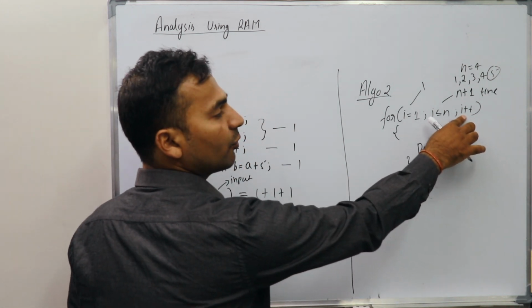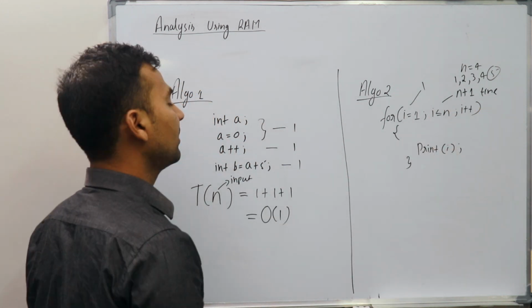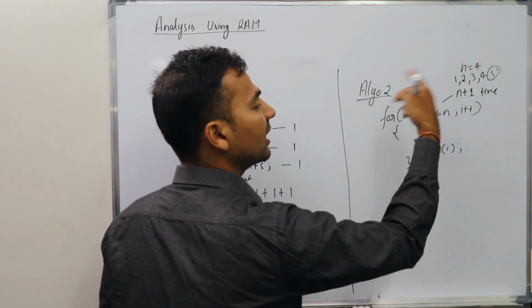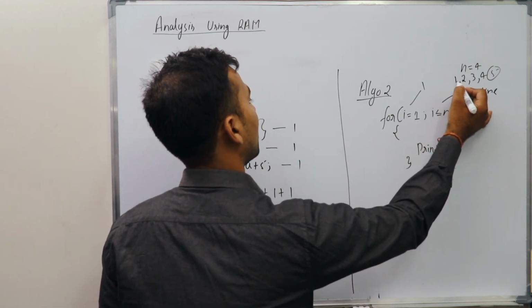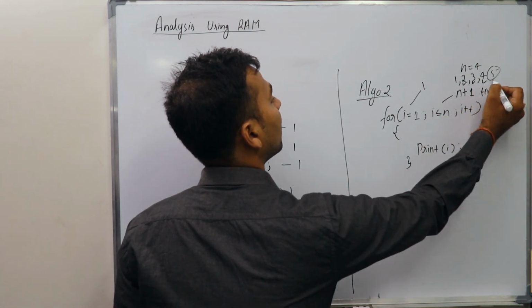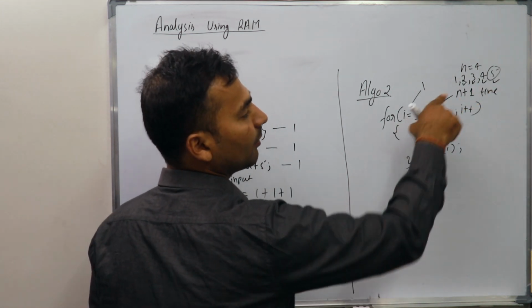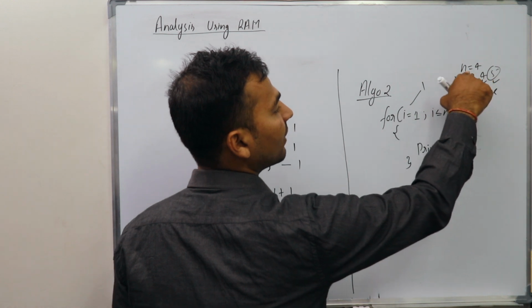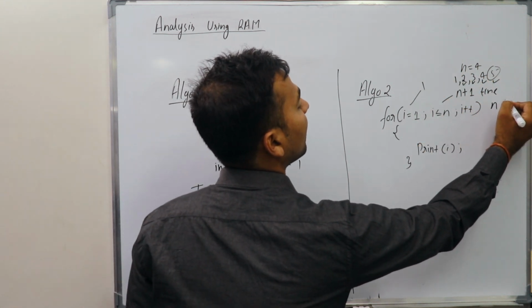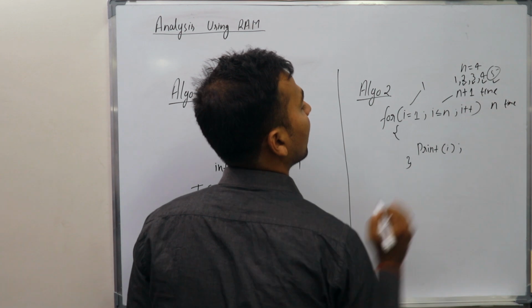Then how many times do we increment the value of i? Incrementation is also a primitive operation. First i is 1, then we increment, then we increment, then we increment, then again we increment. Therefore we increment 4 times when n is 4. Then when n is n, we increment n times. Right?